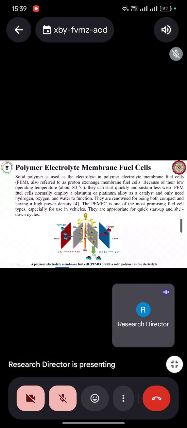With the help of this, they will generate electricity. But proper heat distribution is very difficult, so research is still going on. That is the first thing. Second, most researchers try to optimize the generation of electricity through this PEMFC, the proton exchange membrane fuel cell.